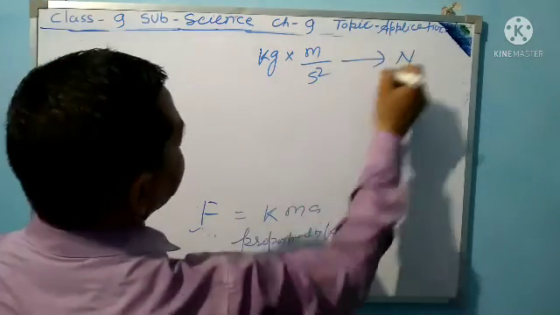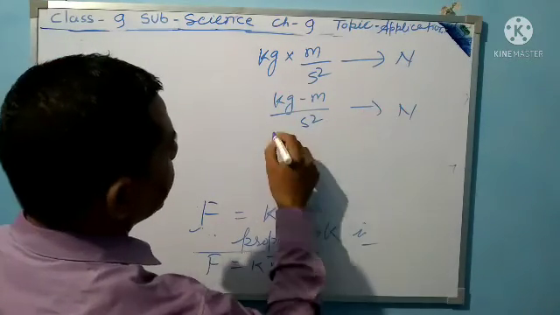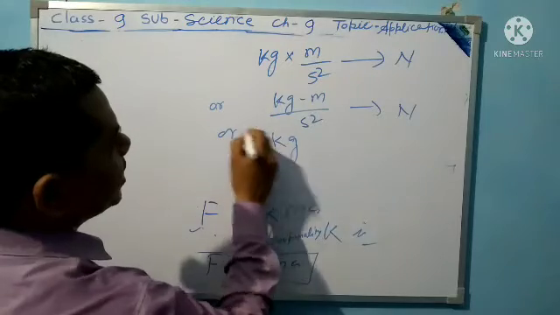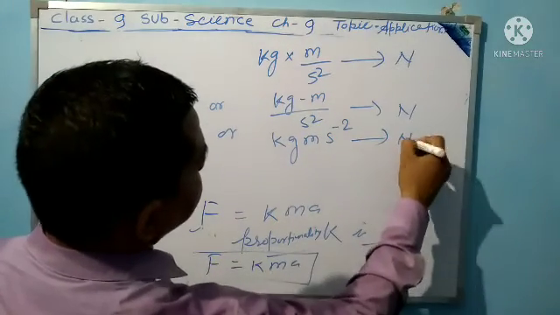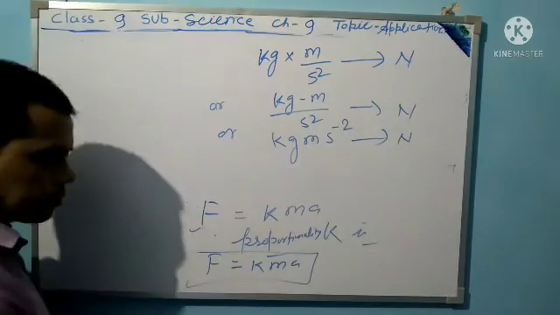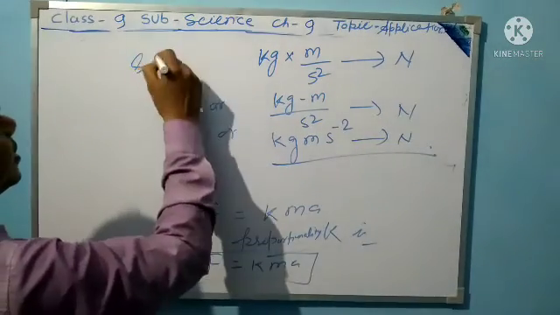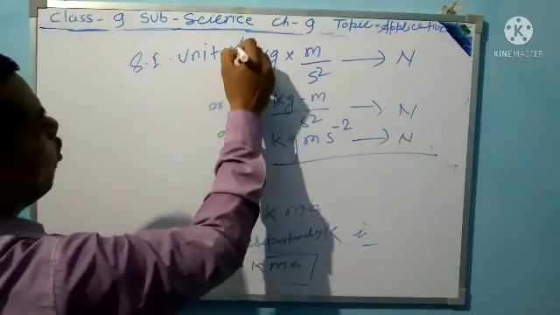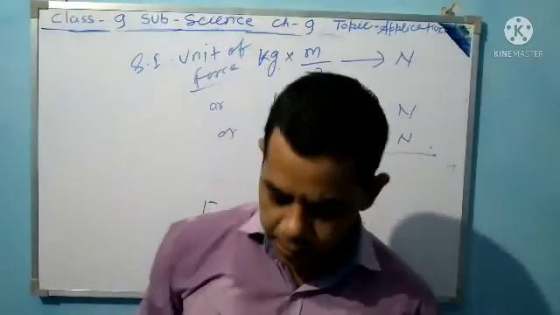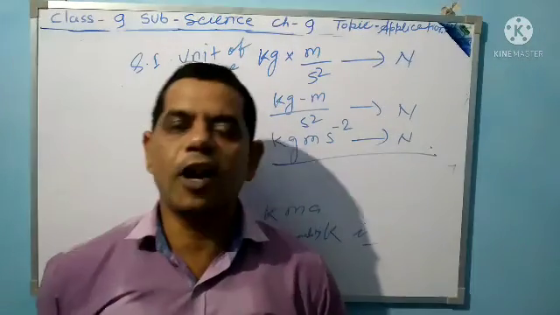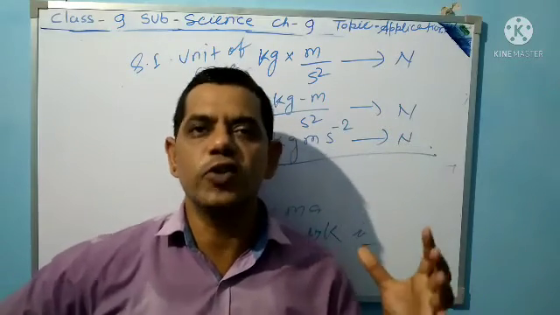So the unit is the Newton, or kg meter per second square. That is the SI unit of force. That is the second law of motion, and now its definition is given.